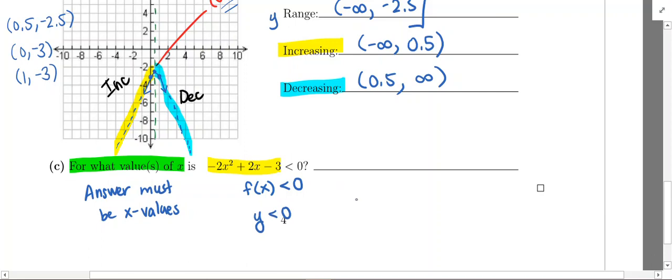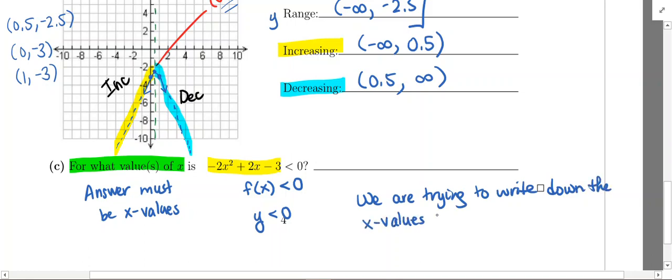So what are we trying to write down? We are trying to write down the x values that have negative y values, because you're trying to figure out when y is less than 0. So when is y negative?